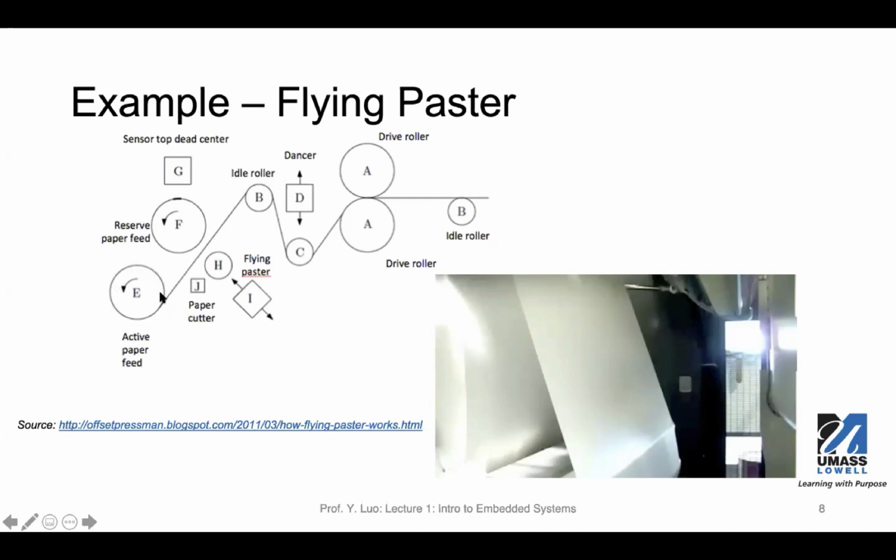Instead, it is supplied using large, very thick rolls. The rolls will be unrolled, and the paper will be supplied through a series of steps, through a roller dancer and this drive roller, and eventually fed into the printers.